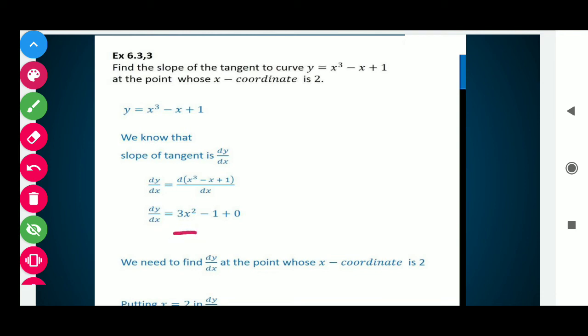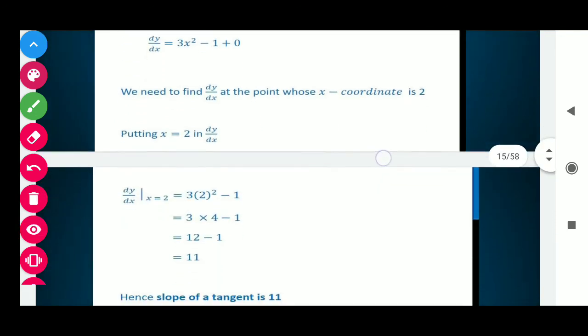Derivative of x cube is 3x squared, derivative of x is 1, and derivative of 1 is 0. We need to find dy over dx at the point whose x coordinate is 2. So put x is equal to 2 in the slope, and here we get 3 into 2 squared minus 1, 3 into 4 is 12, 12 minus 1 we get 11. Hence the slope of the tangent is 11.